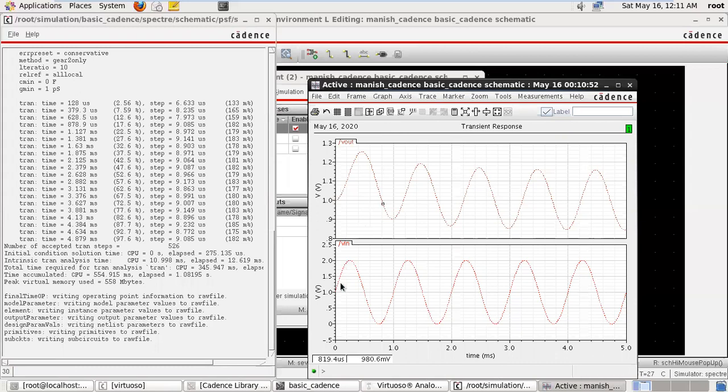That is the same input. The input is varying from 0 to 2 volt, a total of 5 cycles, and this is the output voltage. Okay, so this is the analysis of 1 plus 1 sine omega t for the RC circuit, and that is my transient output.